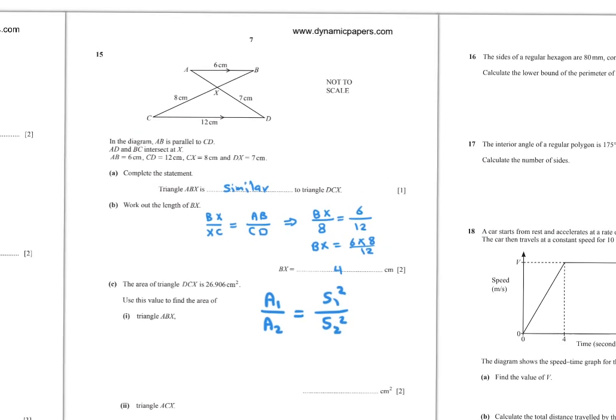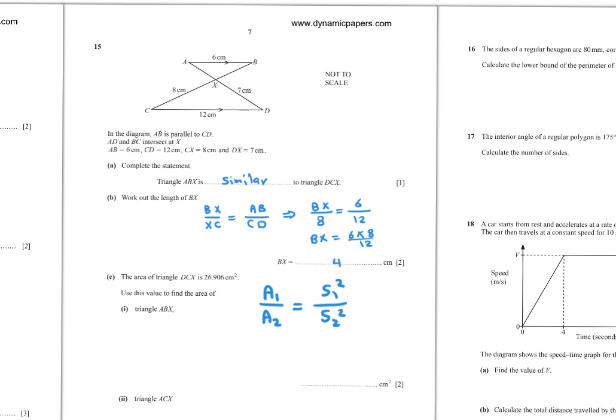So we can start with the small one, triangle ABX. I don't know this area 1. The other triangle DCX is 26.906, equal to the ratio between the sides but squared, so 6 squared over 12 squared.